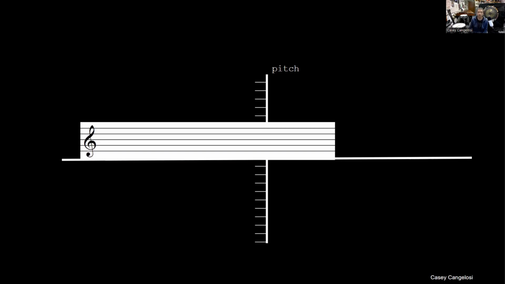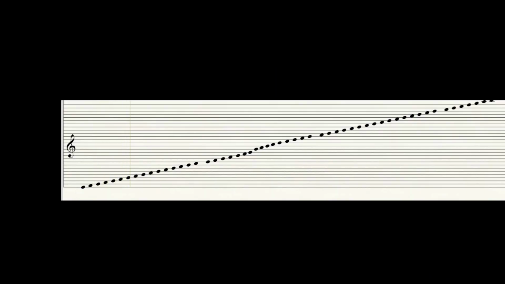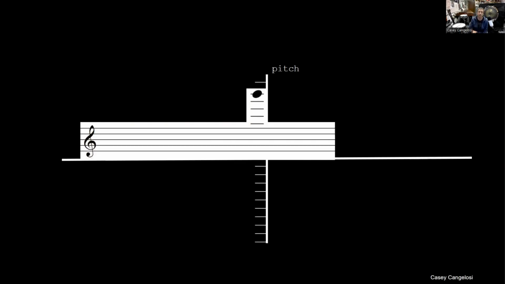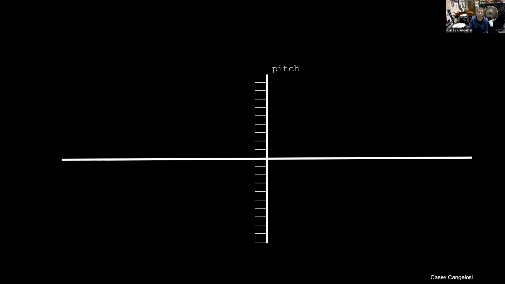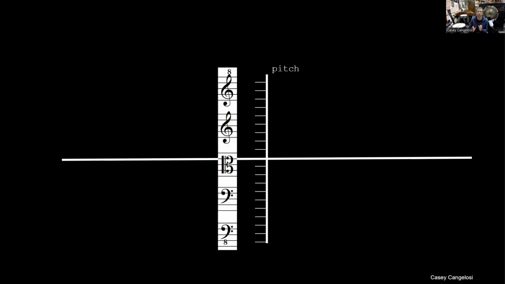It wouldn't be realistic to look at the whole range of pitch all the time, so we have these nice little snapshots and windows. If we have to step outside of one of those, we can move up or down with ledger lines. And then of course we can move a whole section down with clefs. So each clef is a little window into a portion of that y-axis.